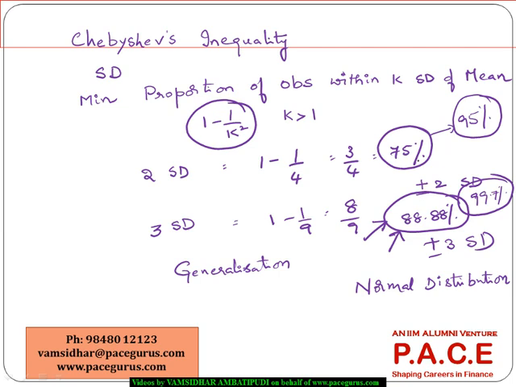But what Chebyshev got through his inequality is that even if I don't know the distribution, all I can say is a minimum of 75% of the observations will lie within 2 standard deviations of the mean, and 89% of the data will lie within 3 standard deviations of the mean. That's an interesting point that comes out of Chebyshev's inequality.